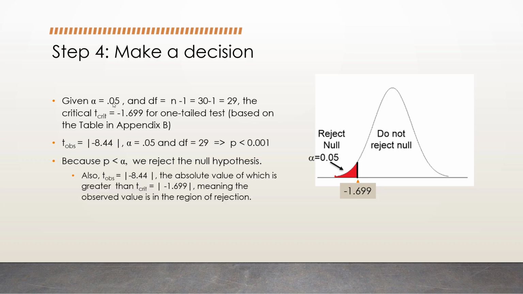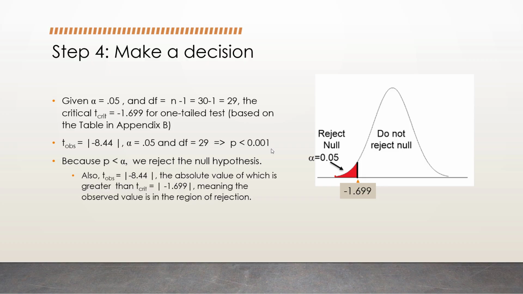With alpha equals 0.05 and the degrees of freedom 29, the critical t-value for a one-tailed test is negative 1.699. Also, the p-value of getting an observed t of negative 8.44 is lower than 0.001.